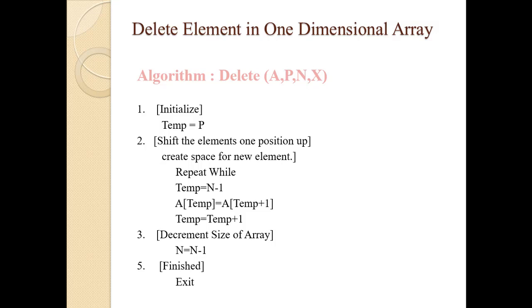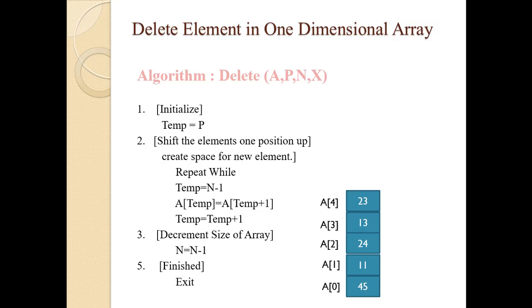First of all we take one array in which these values are stored. For deleting the element, the reverse process is done, just like for inserting the element in an array.